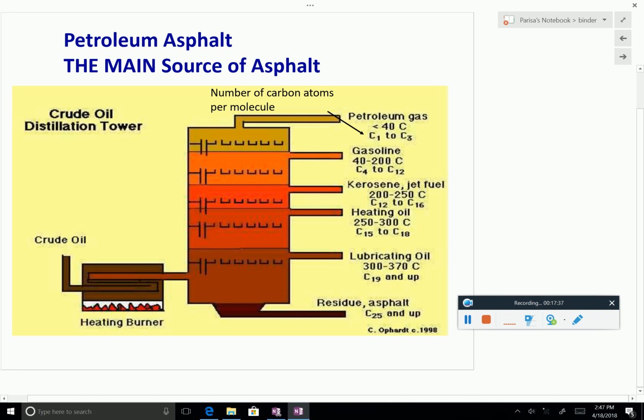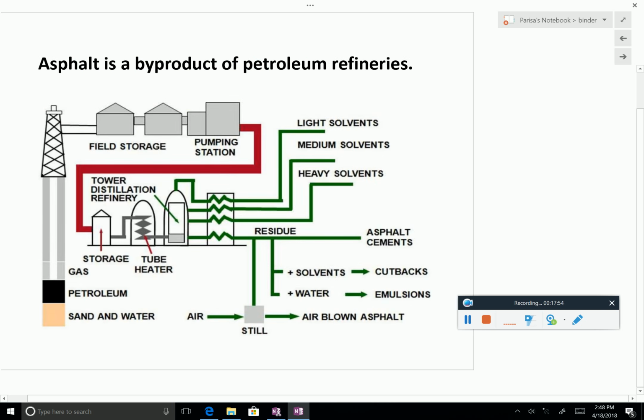It's typically the byproduct of the distillation process in oil refineries. So you take all the good stuff out, and what is left, the residual, is asphalt at the bottom. So it's a byproduct, and you use it as it is, right, as asphalt binder.